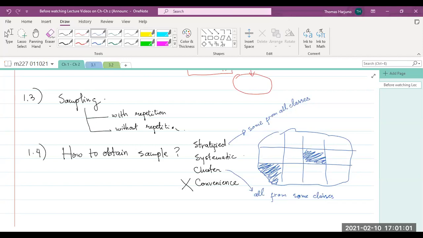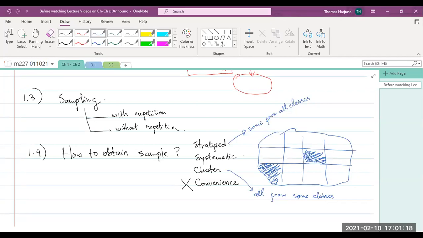So clustering method, however strange you think it is, actually makes sense in some cases. Now, it does take some wisdom to decide which method is best in what case. Okay, now that's for 1.4.